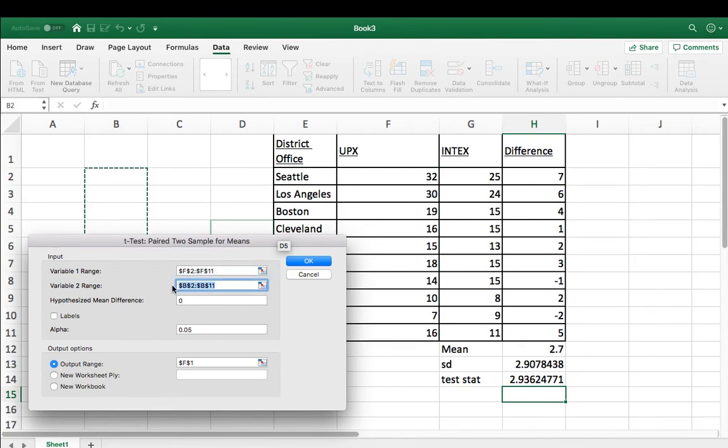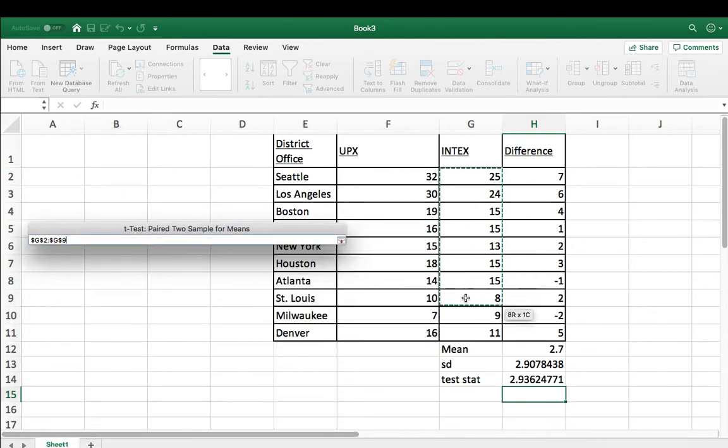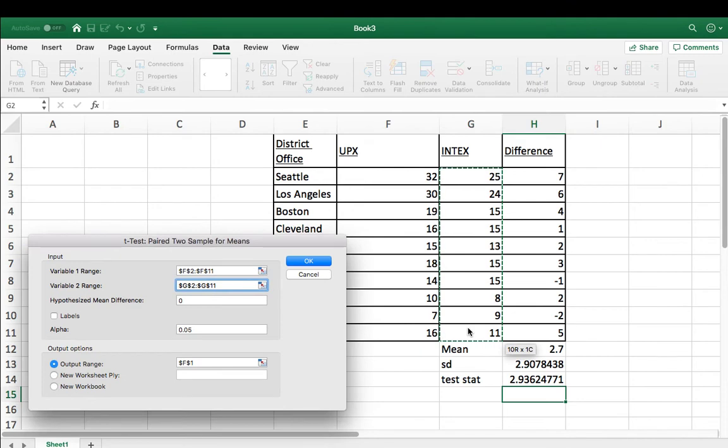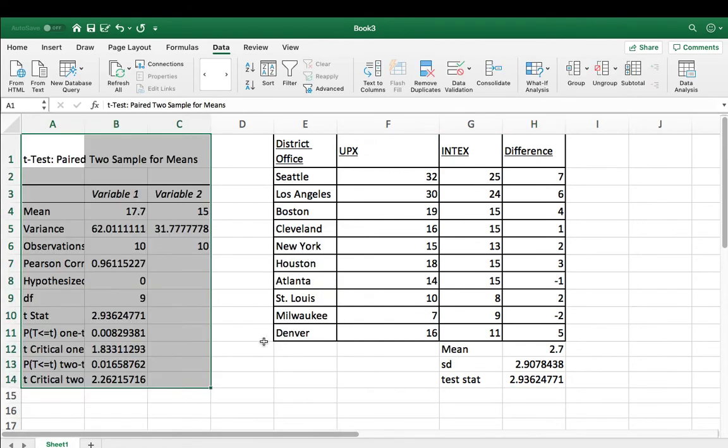And then variable range 2 is the data for INT-X. I didn't include labels, so I'm not going to check labels. The hypothesized mean difference is that D0 we've been talking about, which is just 0, and alpha for this question was indeed 5%. And where should we put the output? Let's put the output here. Let's hope it fits in okay. Press OK and see what we get.